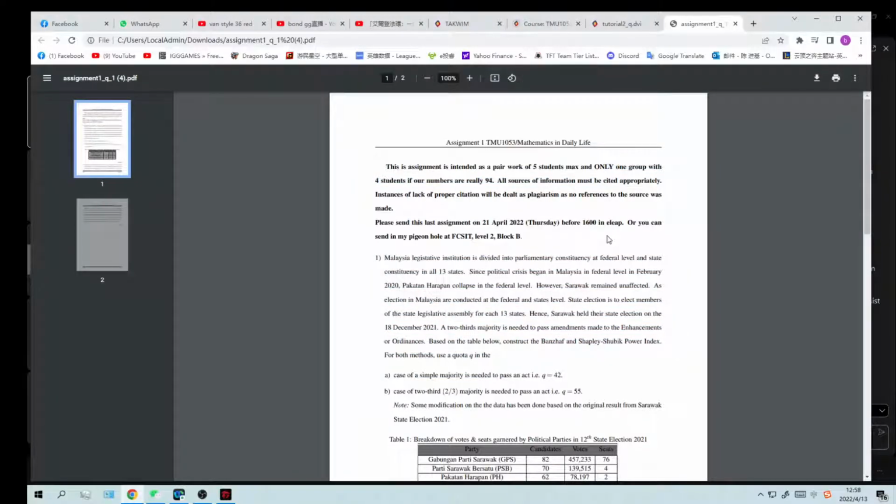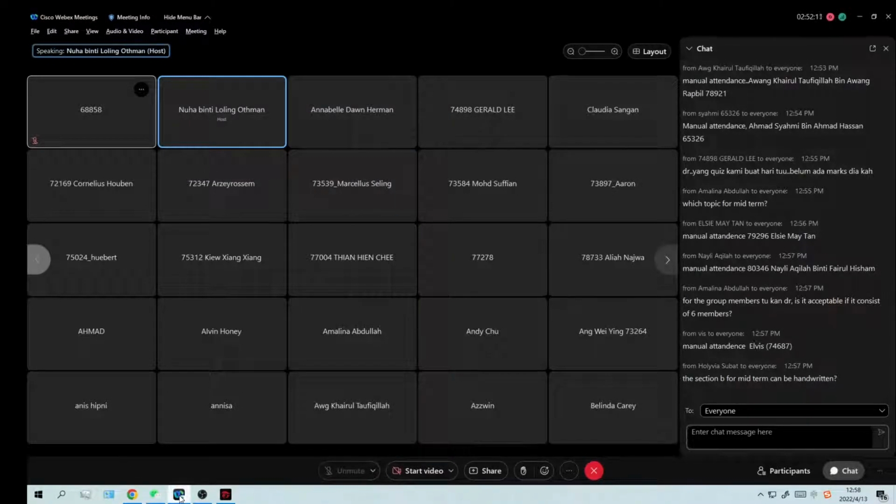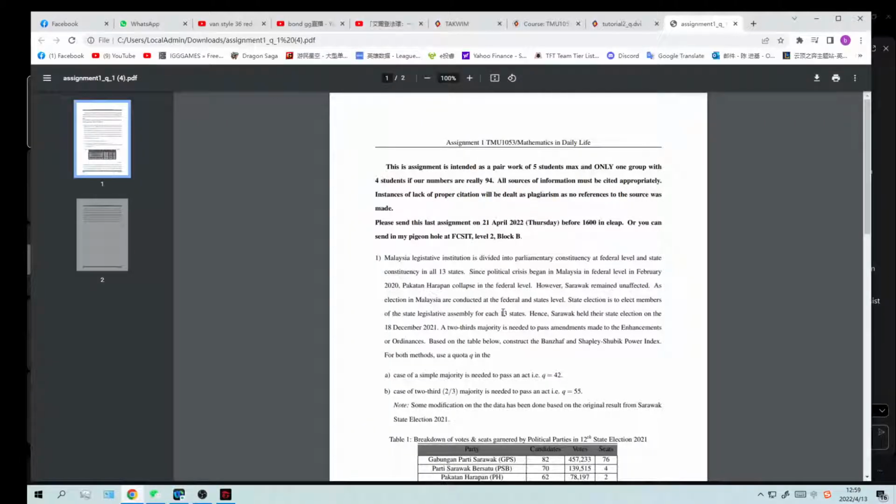Gila betul. So no need for a cover page, of course, I don't care. You give me a cover page or not, but I want your names and your matrix number. That one is important. And then for the midterm, handwritten is also okay, as long as your writing is not cakar ayam. No need to type.